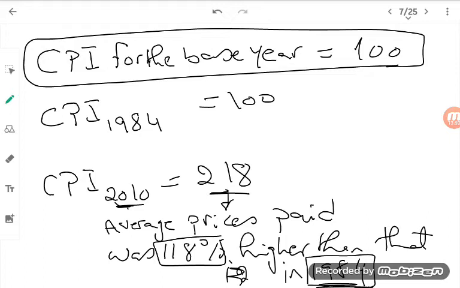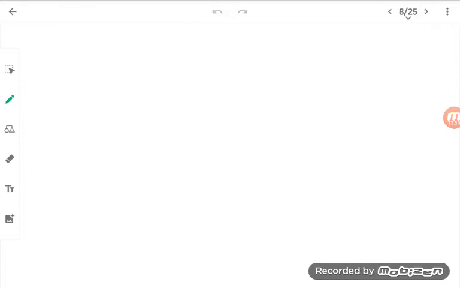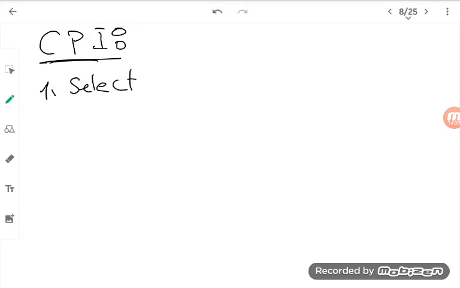Okay, now we would like to calculate the Consumer Price Index. In order to calculate the Consumer Price Index, we have 3 different steps. Number 1, select the basket. Actually, this is done by the government. Okay.